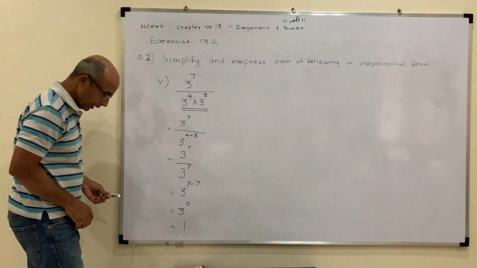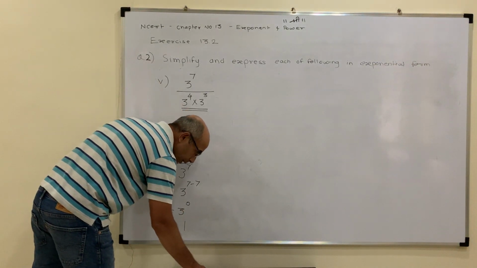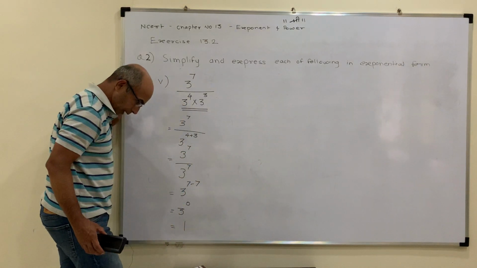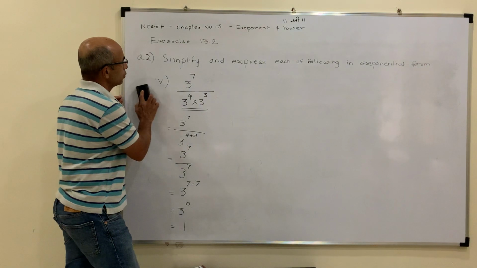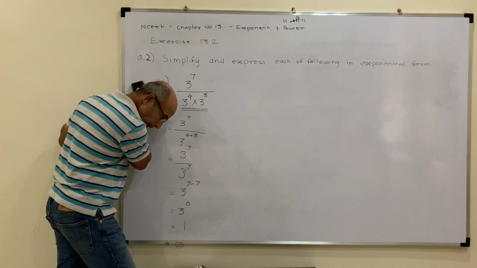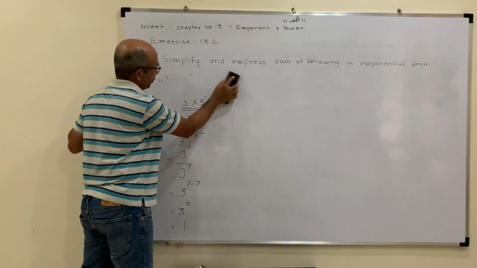So now let's move on to the sixth one. 2 raised to 0 plus 3 raised to 0 plus 4 raised to 0.